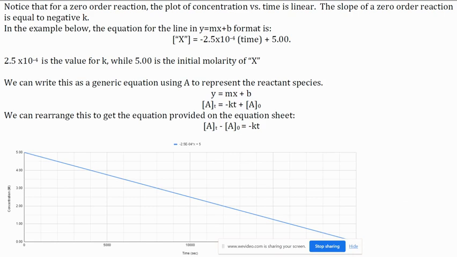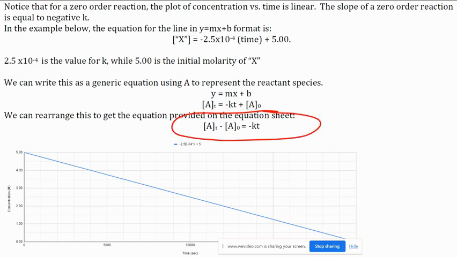So, like I said, if we have this reaction and concentration versus time gives us a straight line, that's a zero order reaction. If that is the case, then your rate is going to equal K, which we learned yesterday. We can also take this example here and we can rearrange it. Okay? This equation is on your equation sheet.